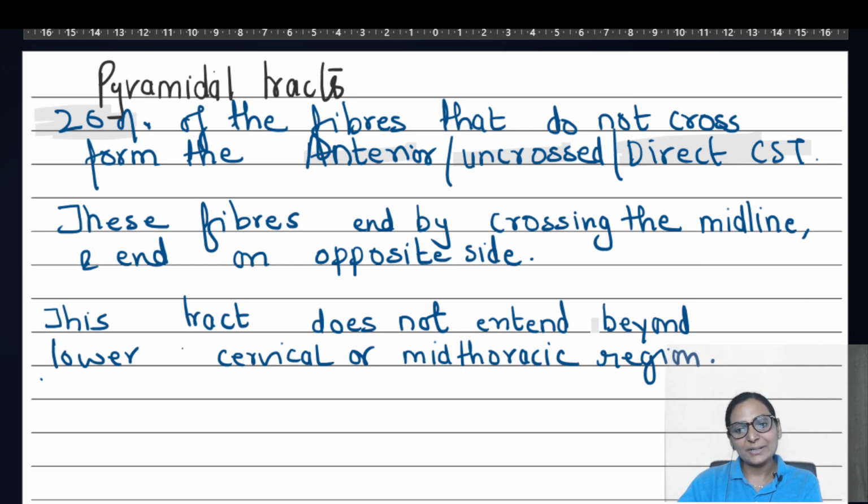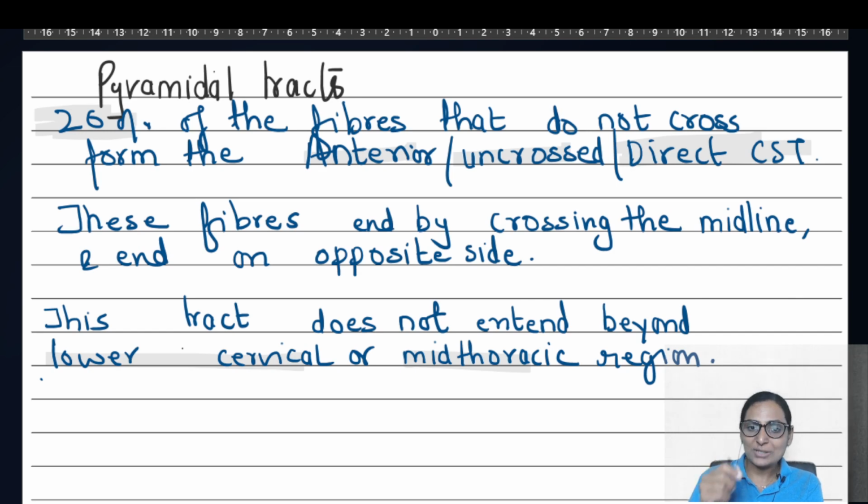This tract does not extend beyond the lower cervical region or the mid-thoracic region. You will see that the maximum fibers are in the cervical region up to mid-thoracic. So the anterior corticospinal tract is comparatively shorter than the lateral corticospinal tract.